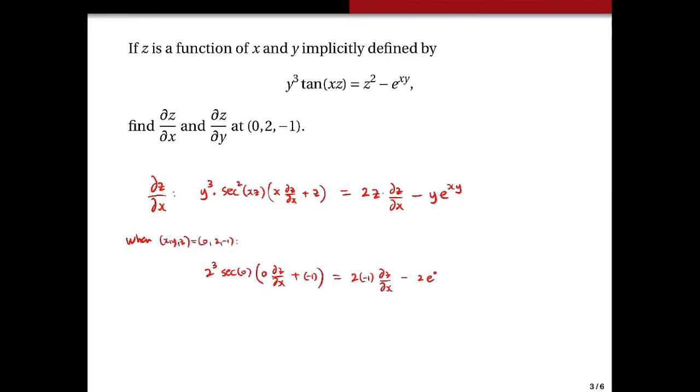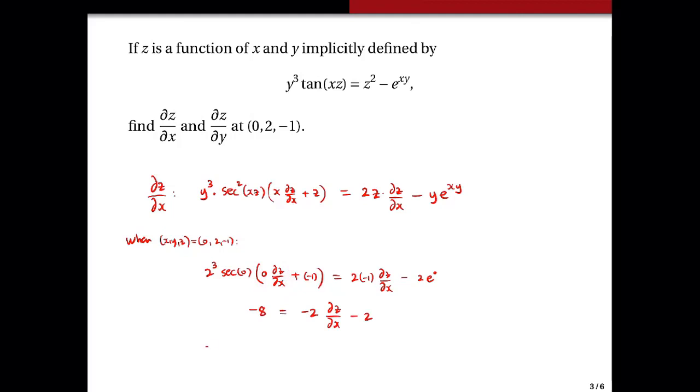Therefore, what will we get? If we simplify this, secant 0, that's just 1. 2 to the 3, that's 8 times -1. We'll just have -8. So this guy here, it's 0. And then on the other side, we have -2 partial z with respect to x minus 2.